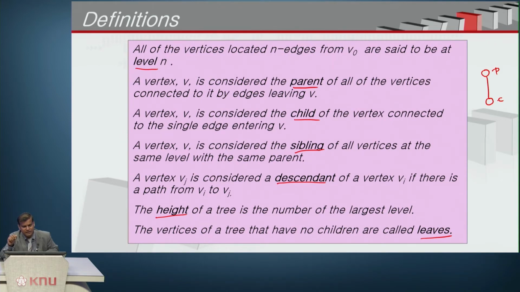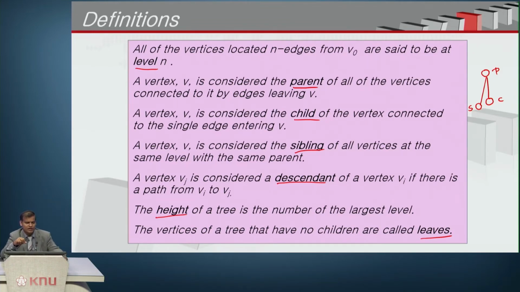A vertex V is considered a sibling of all vertices at the same level with the same parent. So this is a sibling: the same parent, at the same level.